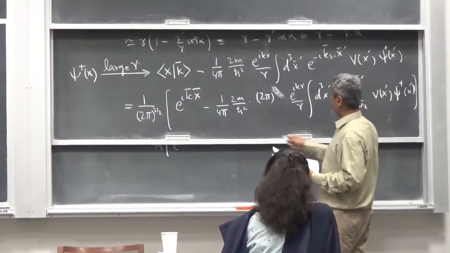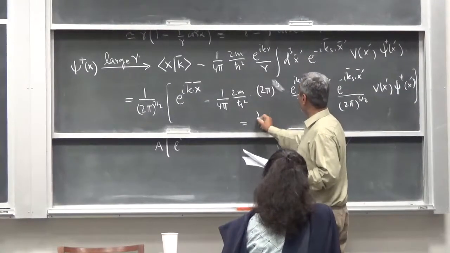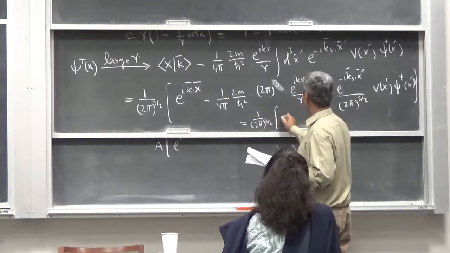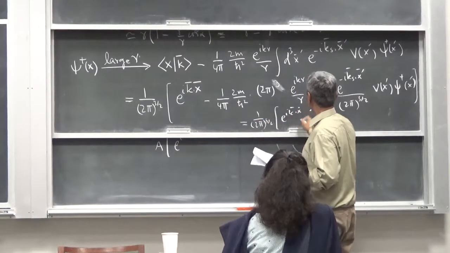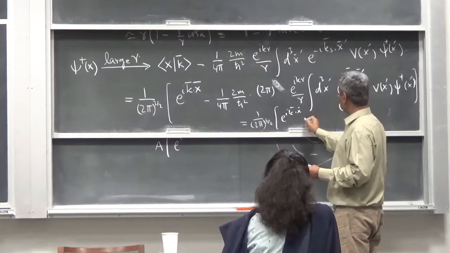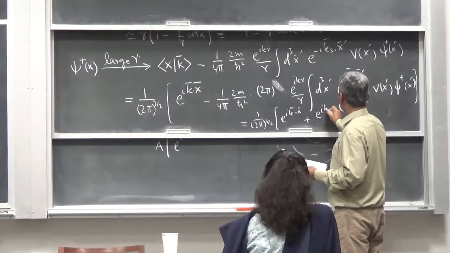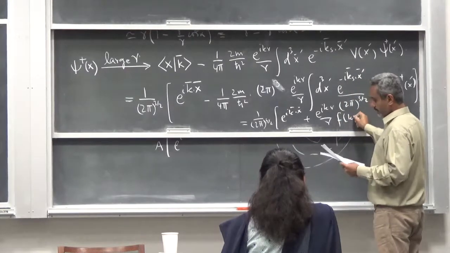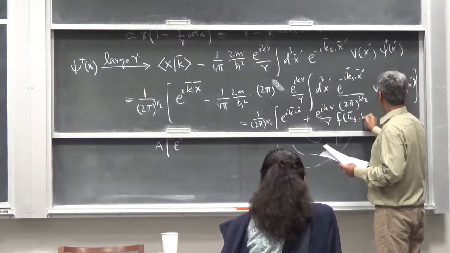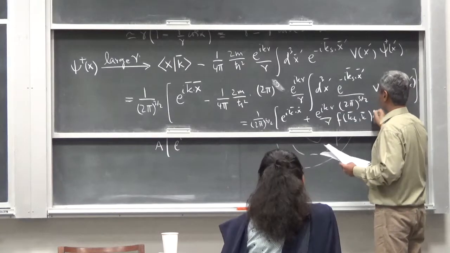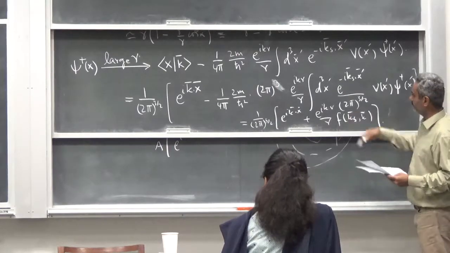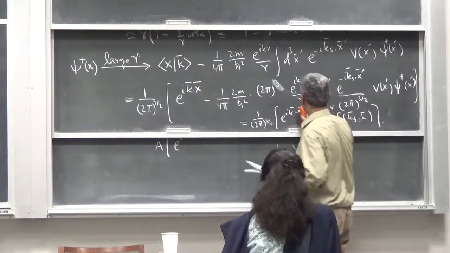And if you write this equal to 1 over 2 pi to the 3 halves, e to the i k dot x plus e to the i k r over r f of k_s, k. Then, you see what I'm doing? I just made a mess there. Let me write it.